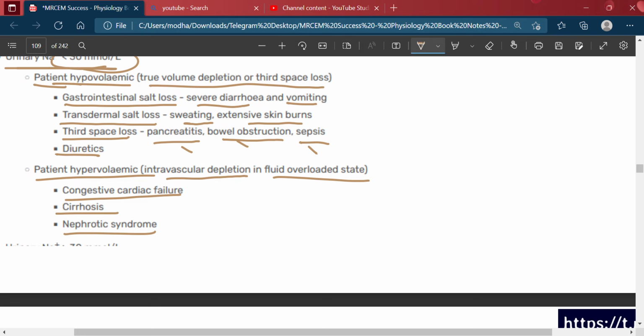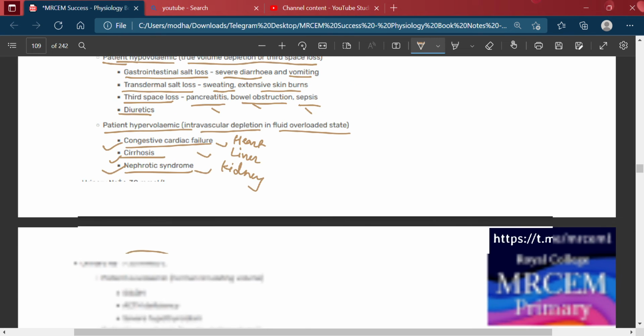Congestive cardiac failure, liver cirrhosis, and nephrotic syndrome. The heart, liver, and kidney will be affected in the patient with hypervolemic hyponatremia.